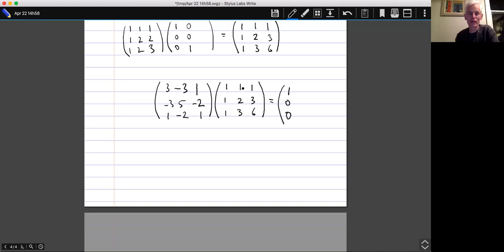So 3 minus 3 plus 6 is indeed 0. Which I knew was going to be because the matrix was symmetric, but I won't bother to calculate everything anymore. Minus 3 plus 10 minus 6, which is 1. Quick check. Minus 3 plus 10 minus 6, 1.